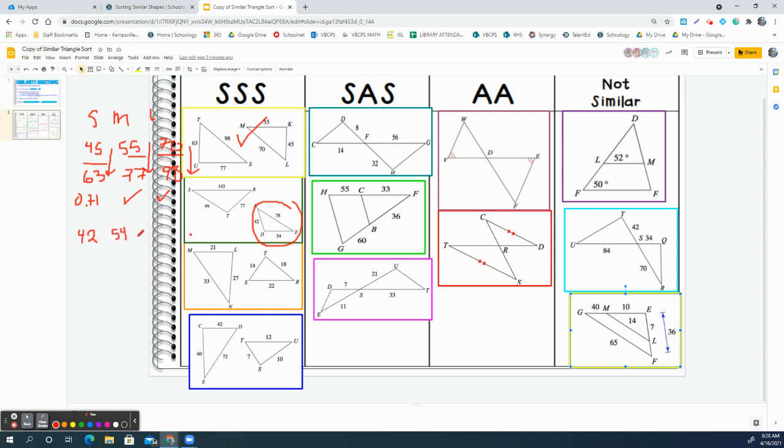Hopefully everybody's doing this on a piece of paper. And then come over to the big triangle, small, medium, large. And then divide.